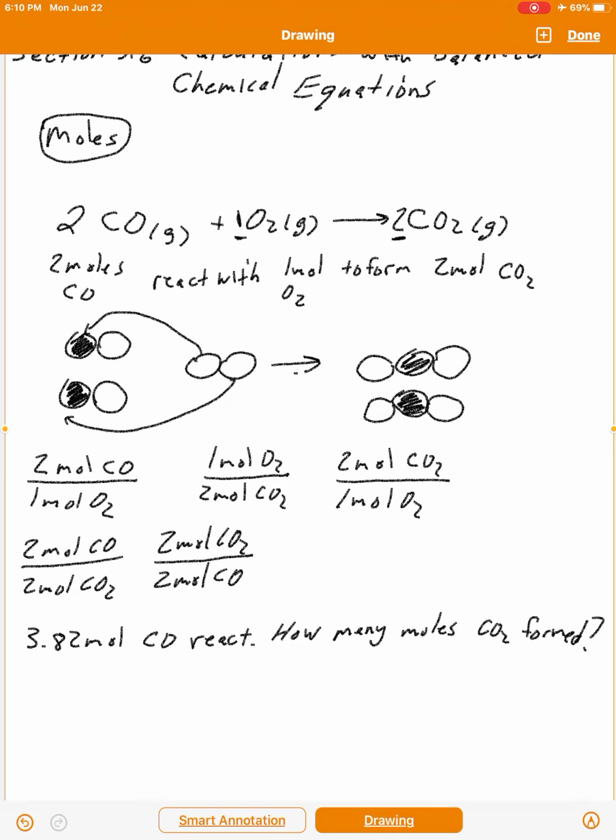How many moles of CO2 will you get if 3.82 moles of CO react? We're going to use these ratios. And here's what you do. You take the one that you're given. So this is given. And you try to figure out the one that's desired. We're trying to figure that one out. Okay? So I'm going to write down what's given. Sorry, 3.82.